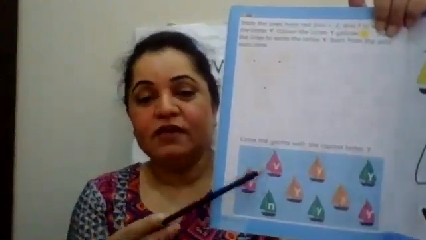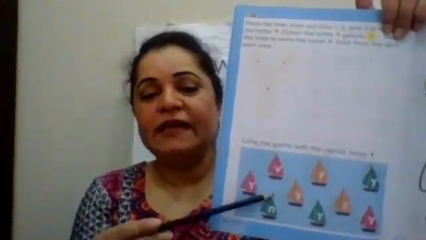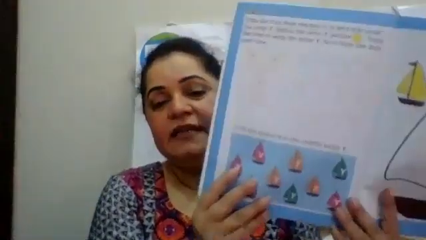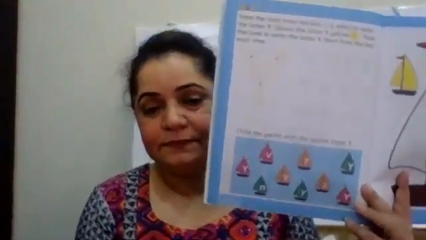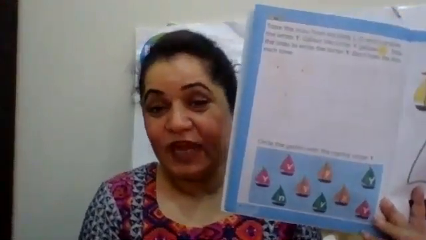Have a look at this picture and find out how many capital Y you can see. Find and count the yachts with the capital Y. How many? Yes, there are 6 with the letter Y.